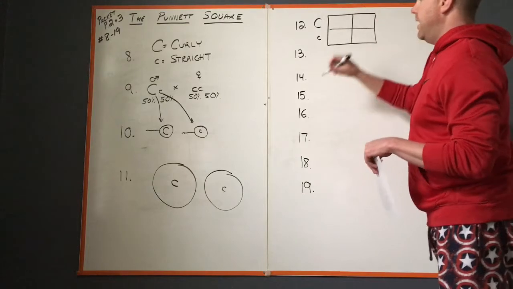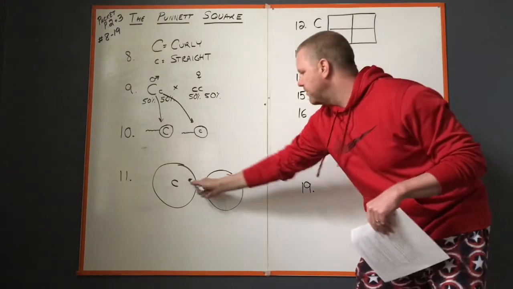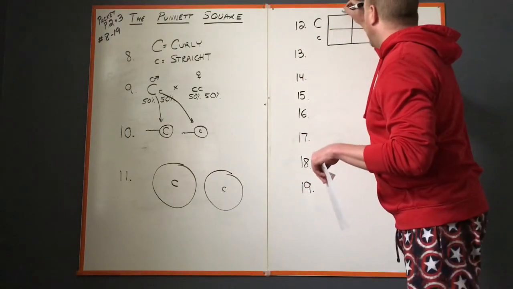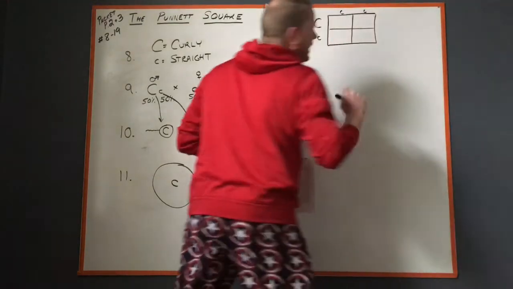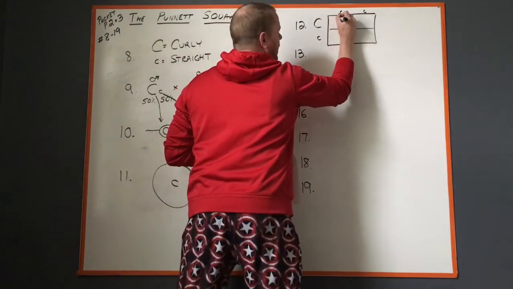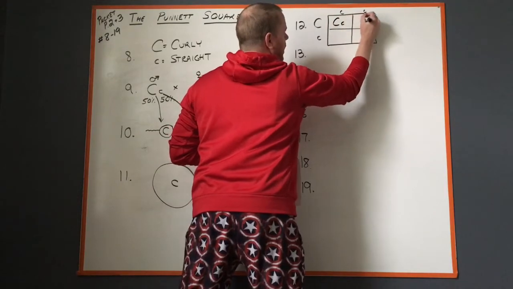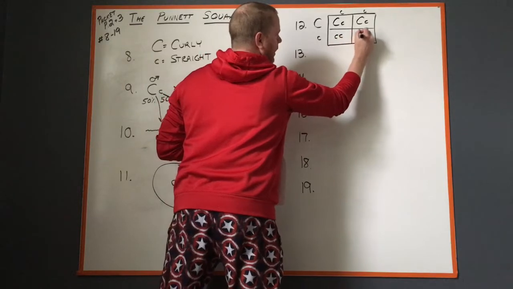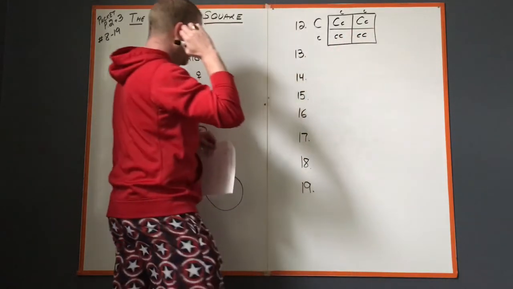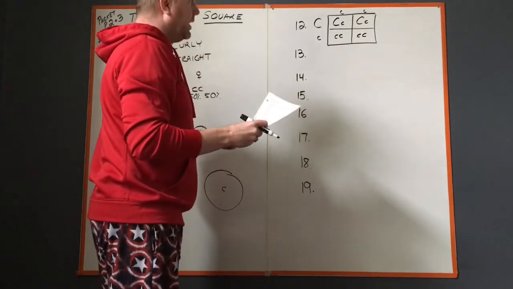The female, on the other hand, she is going to have little c and little c every single time. So what ends up happening here is if we do the matrix, we end up with big C, little c, big C, little c, and little c, little c, little c, little c. So we should be able to answer our questions pretty quickly now.